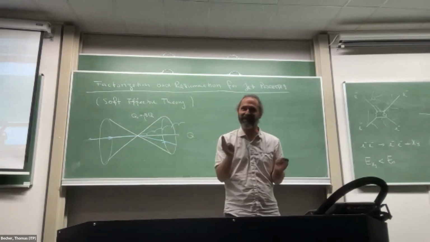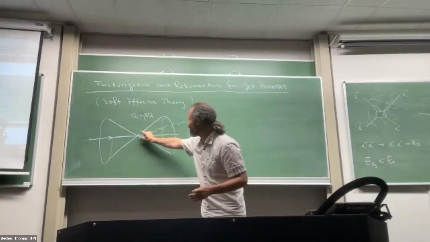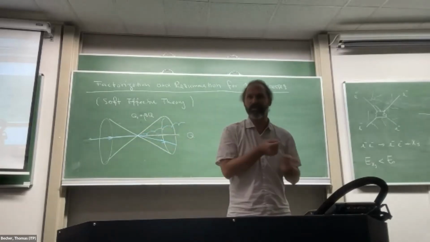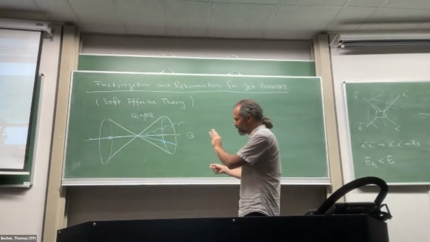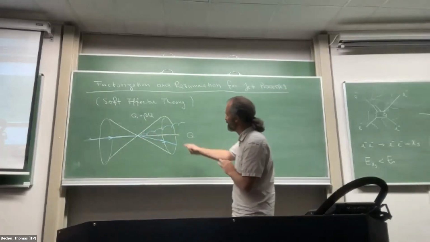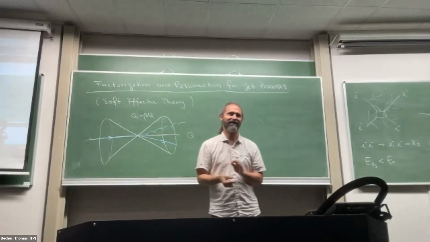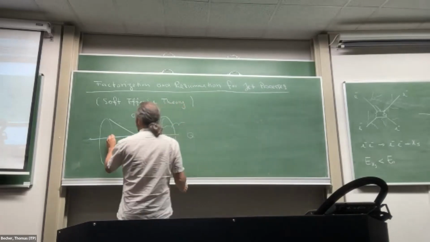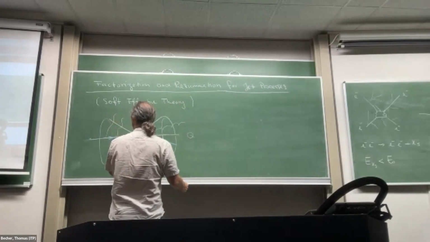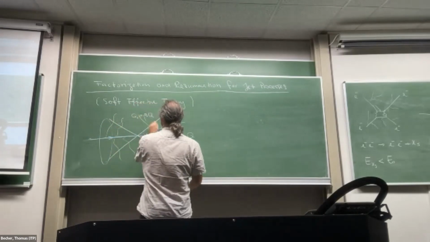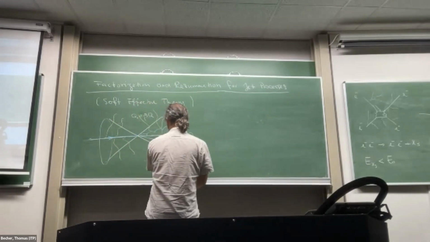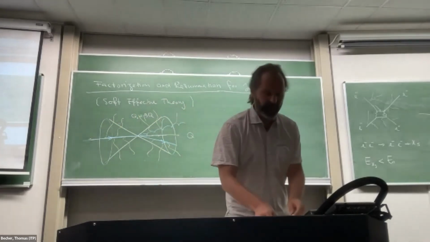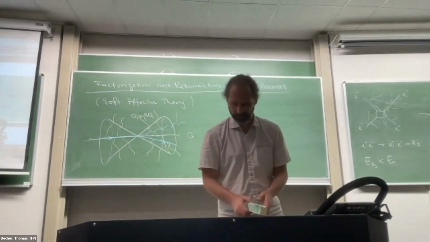Sterman and Weinberg are particularly interested in a small angle because then you're sort of close to the quark anti-quark and you can fish this out. But then you would also get logarithms of this angle. And for today, one can do this, but I don't want to. So I have a large opening angle. In modern days, this is called a fat jet. The fat jet, two fat jets, and then there's a lot of radiation going outside here. So soft radiation everywhere, but inside there are these hard partons.